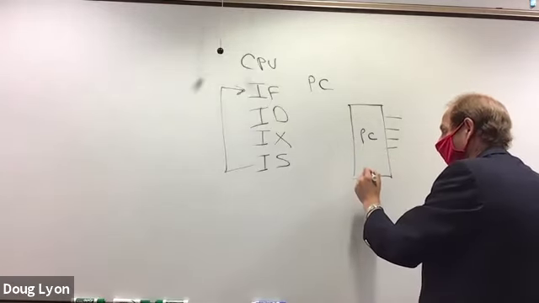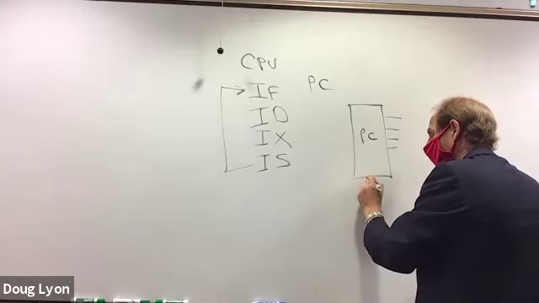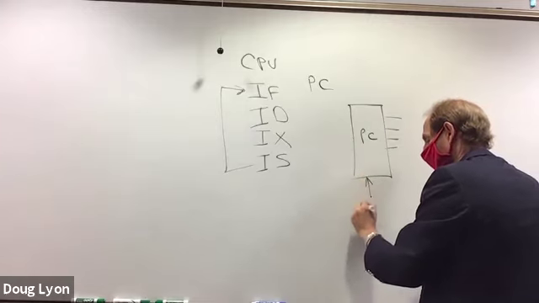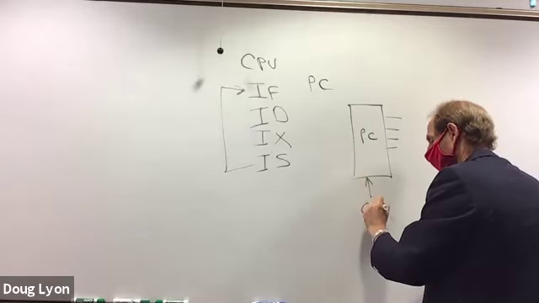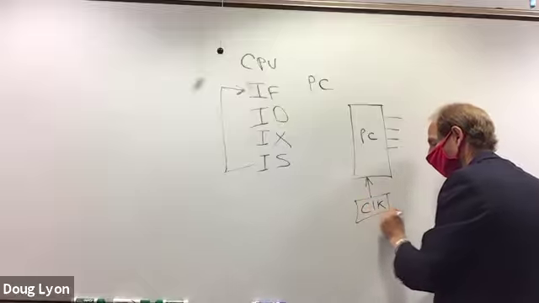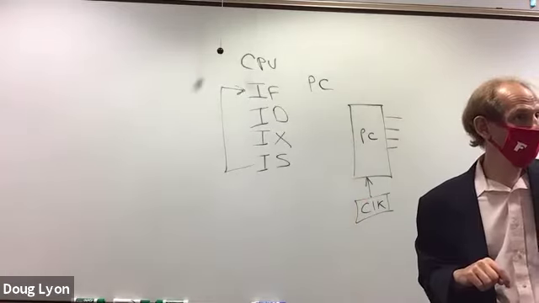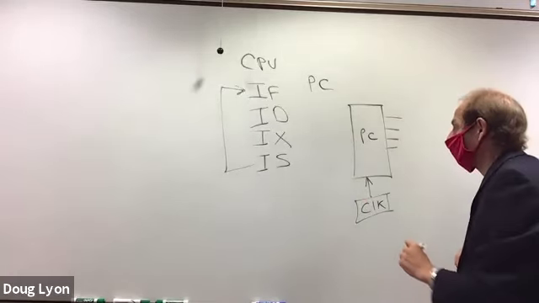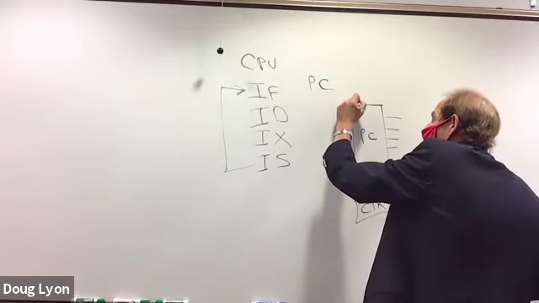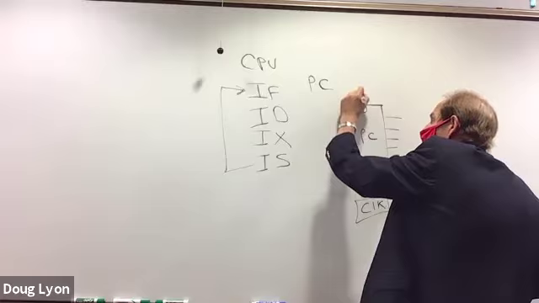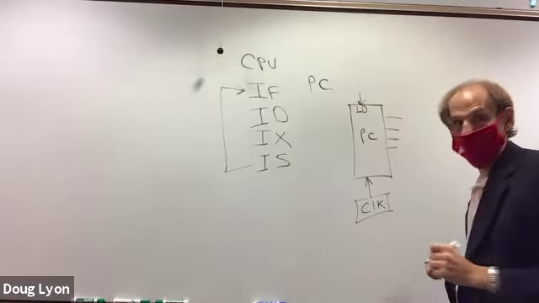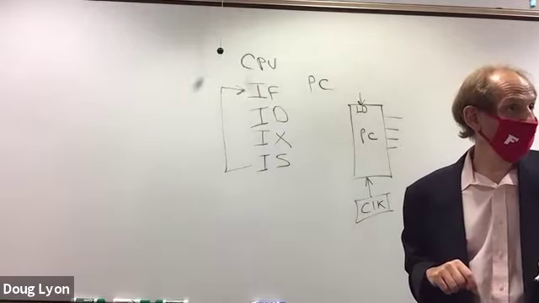And then it's got a little input in here called the clock, right? And what it does is it increments the counter, just like we expect. And it also has another input over in here called load. And that allows us to jam load the counter with an arbitrary address.